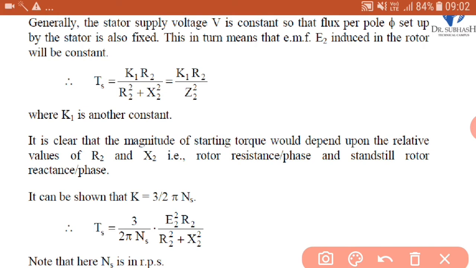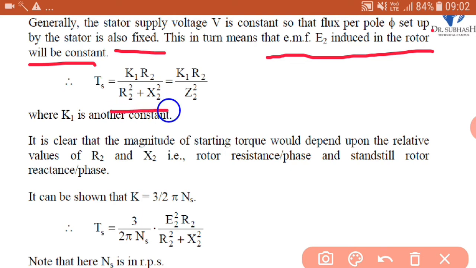Generally the stator supply voltage V is constant, so the flux per pole phi set up by the stator is also fixed. This in turn means that the EMF E2 induced in the rotor will be constant. So Ts is equal to K1 into R2 upon R2 square plus X2 square, or we can write K1 into R2 upon Z2 square, where K1 is a constant.